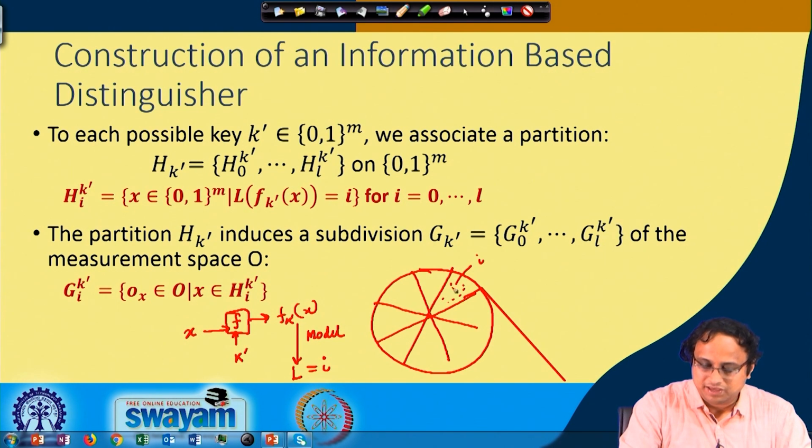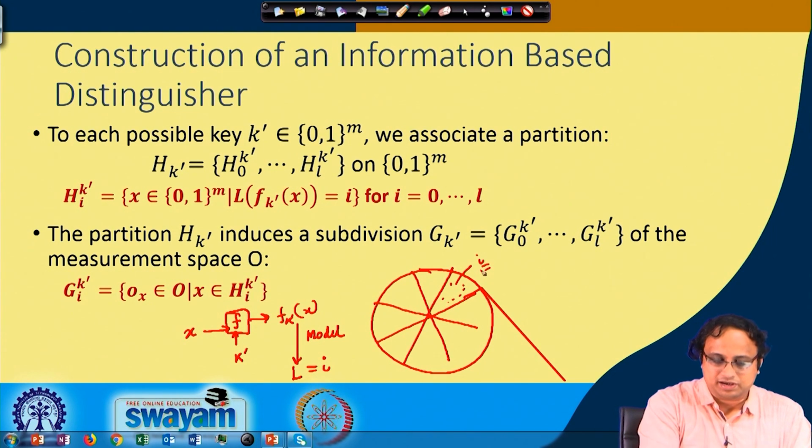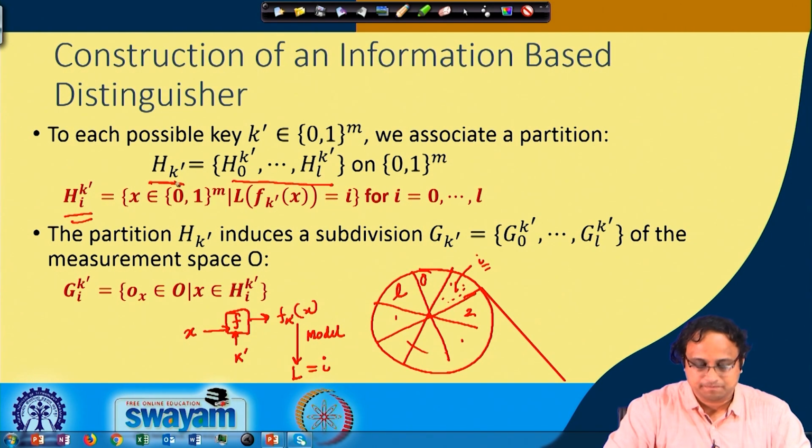If there are two x values which lead to the same I value, then they belong to the same partition. This way I create this partition, and that is denoted as hi k dash. Likewise, I have got partitions for leakage 0, 1, 2, 3 and so on, for all the possible leakage values. All these together give me this partitioning denoted as hk dash.